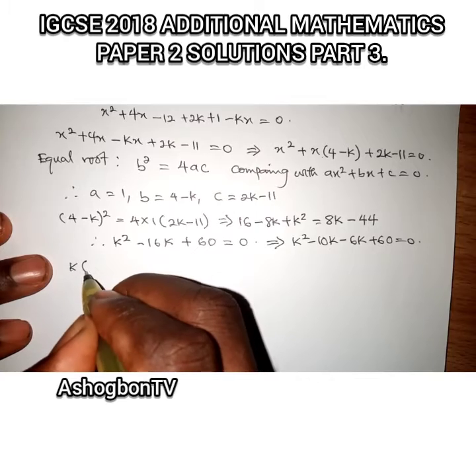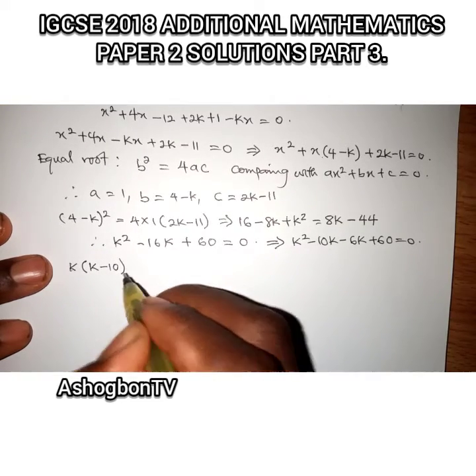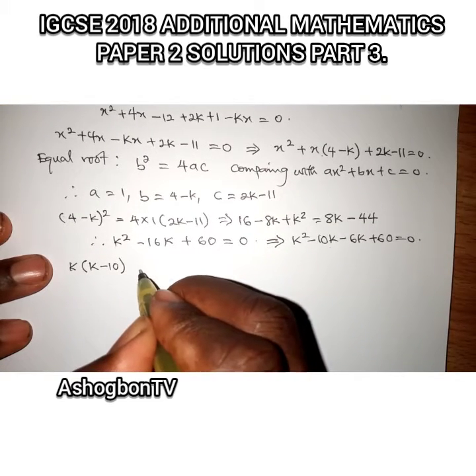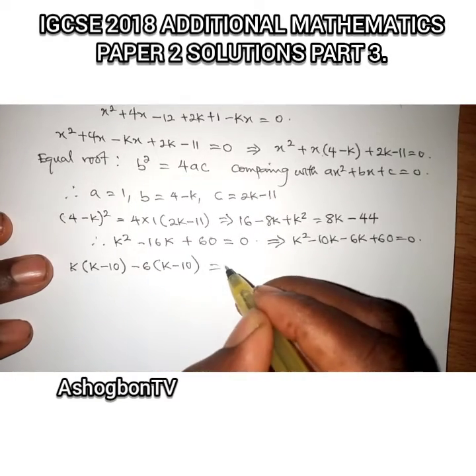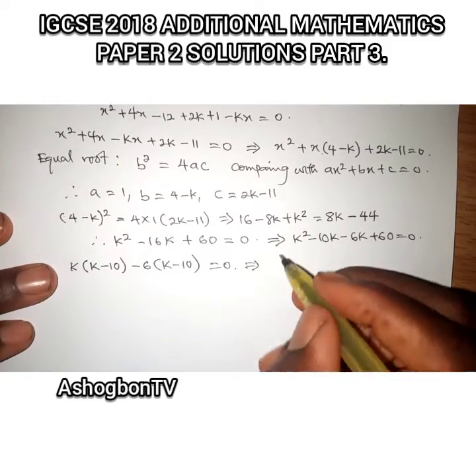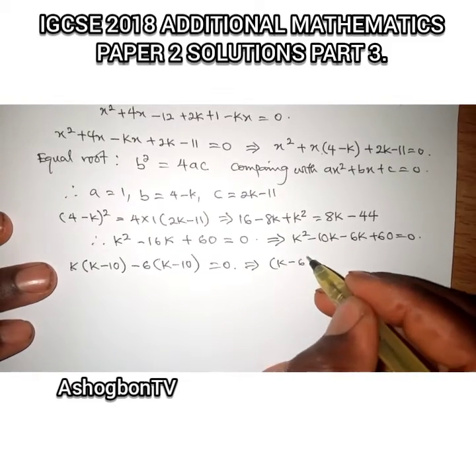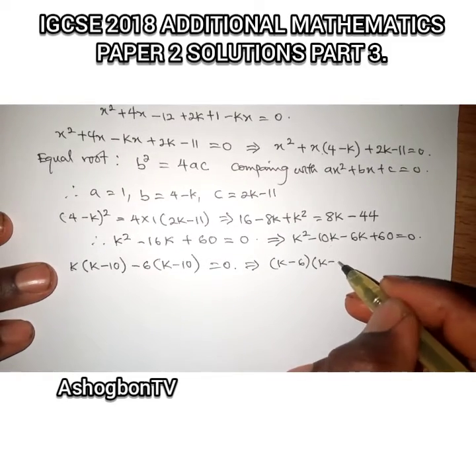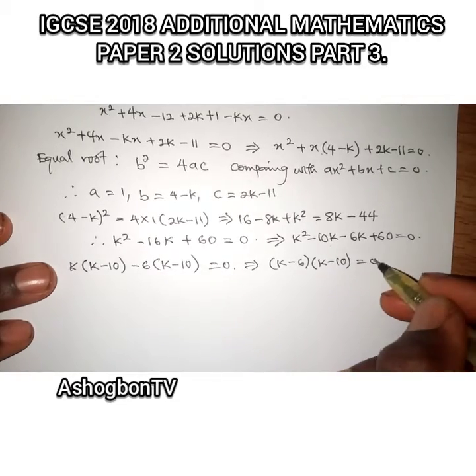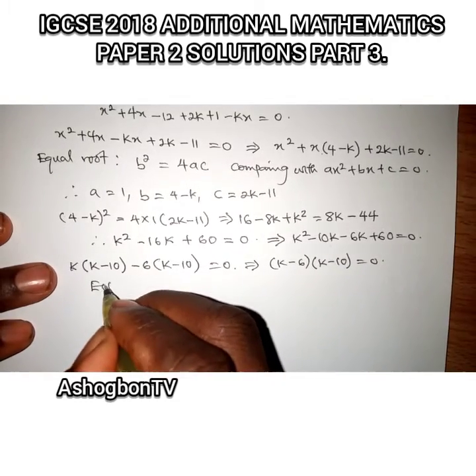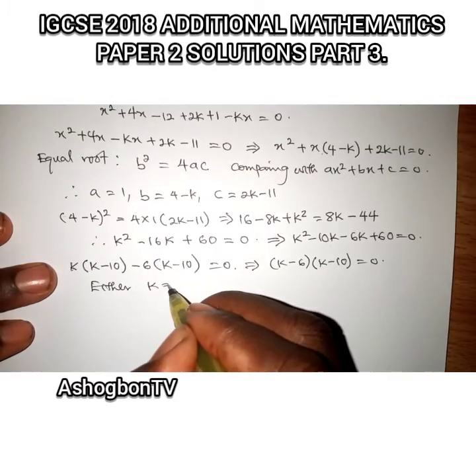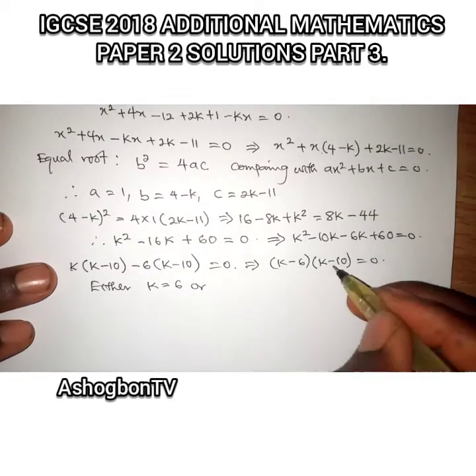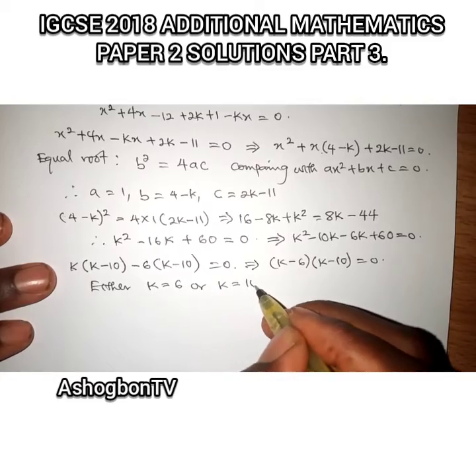You have k bracket k minus 10, minus 6 bracket k minus 10 also. That will be equal to 0, which implies that k minus 6 bracket k minus 10 will be equal to 0. So either k minus 6 equals 0, that means k will be equal to 6, or k will be equal to 10.